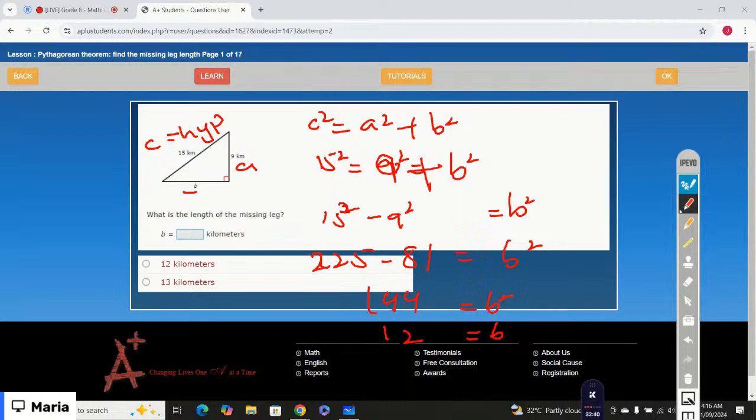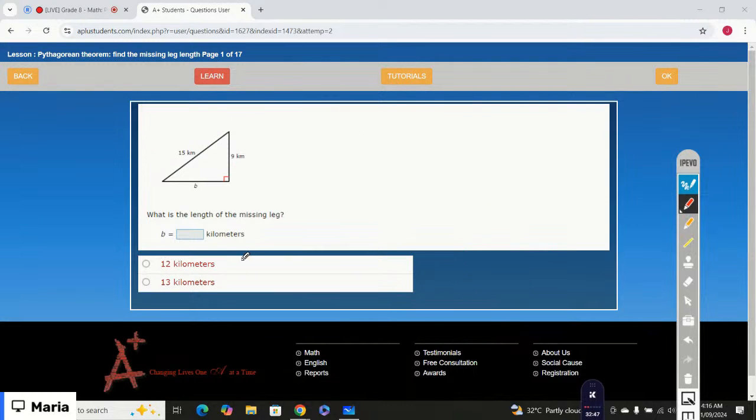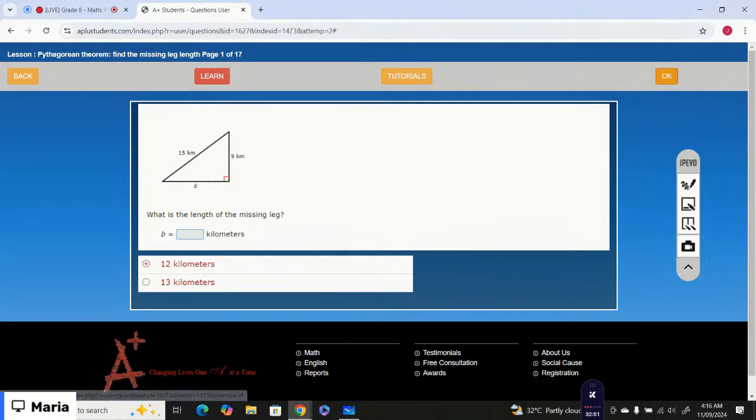Okay, let's just move on to the next lesson. The correct option for this one is 12 kilometers. So let's just move on to the next one.